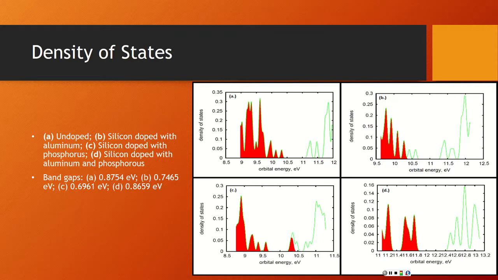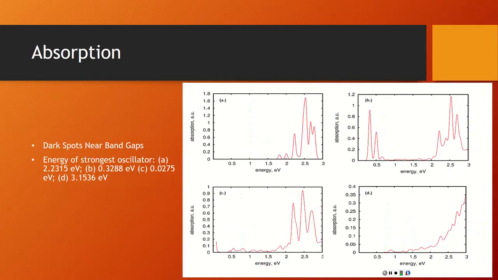And in the case of the p-doped, there's some empty valence band states, and in the case of the n-doped model, there's some occupied states in the conduction band, which again is what I'd expect. And you can notice that the band gap tends to decrease when you dope it, which is also what you would expect.